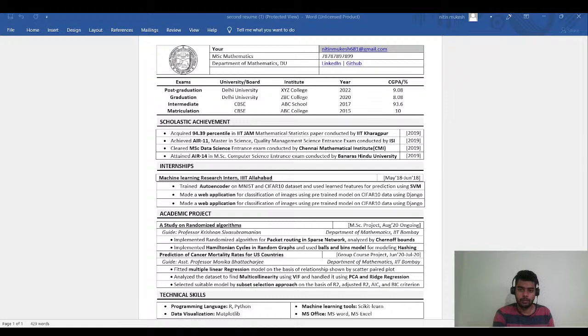If you have the content to make a two-page resume, you can do that. Everything depends on you. If you don't have two pages of content, just don't do that.